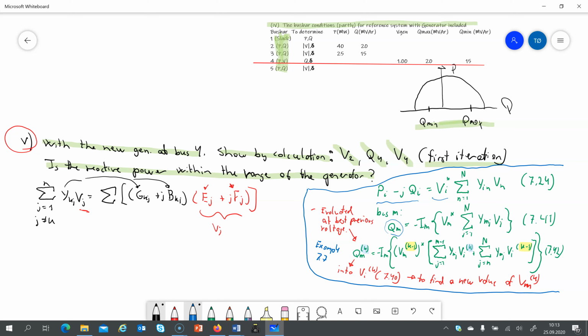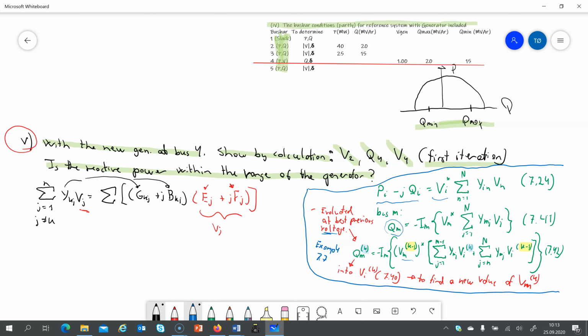So for iteration K, Q_M is evaluated at the previous voltage, as we say, and you are using the previous voltage here and also here. So just keep track of this. You put this into 7.40, the voltage calculation for iteration K, to find a new value of V_M, the bus M.